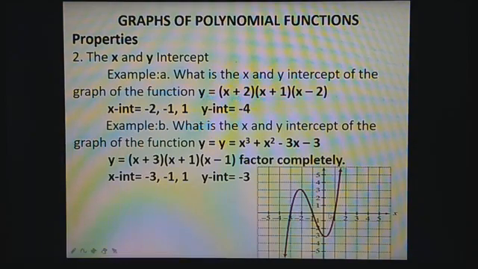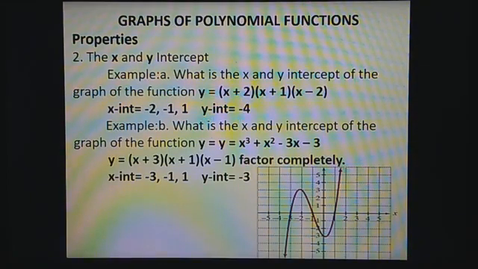Then, saan naman dumaan sa y-axis? Sa y-axis, nag-intersect tayo sa negative 3 because that is our y-intercept. So, yun yung first property of the graph of polynomial function. If you know the x and y-intercept, pwede mo na agad i-describe dun dadaan yung graph natin sa x and y-axis. Okay. Next.